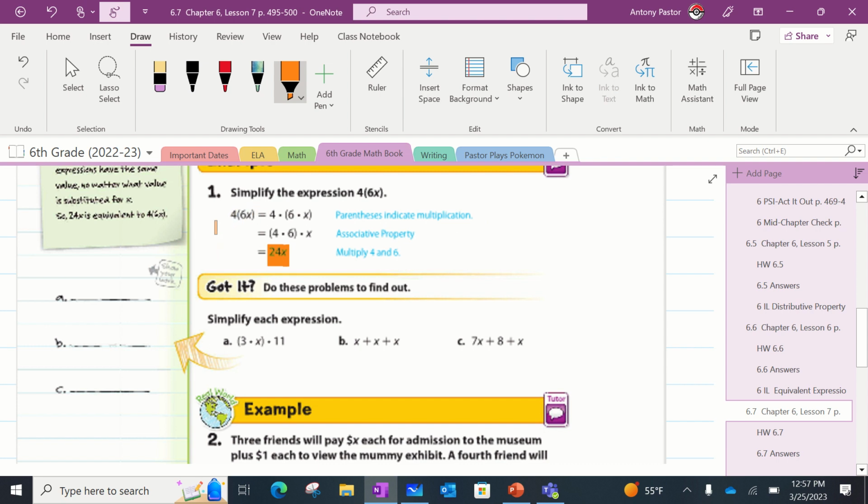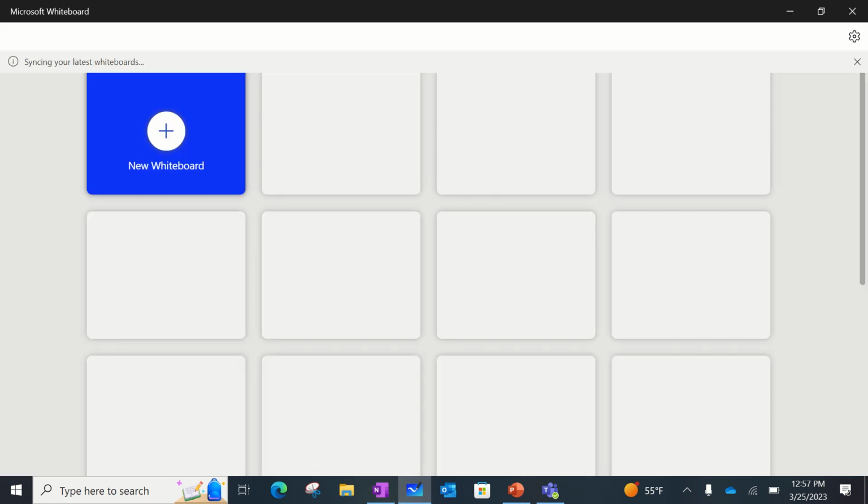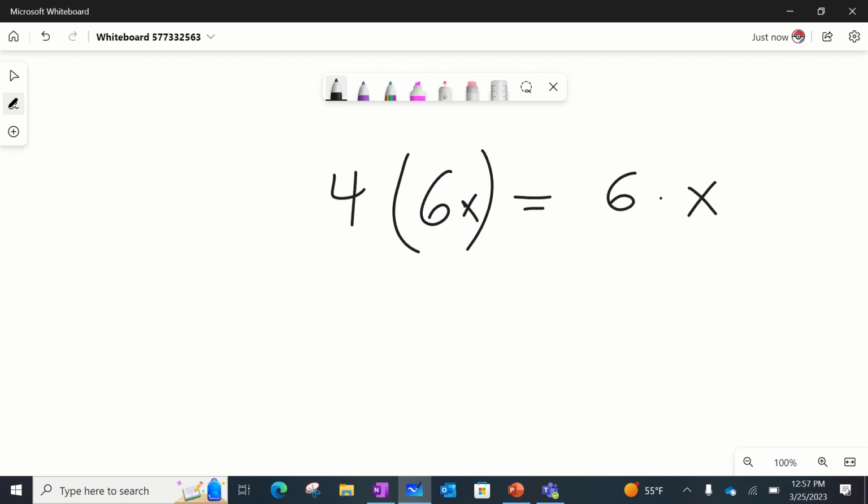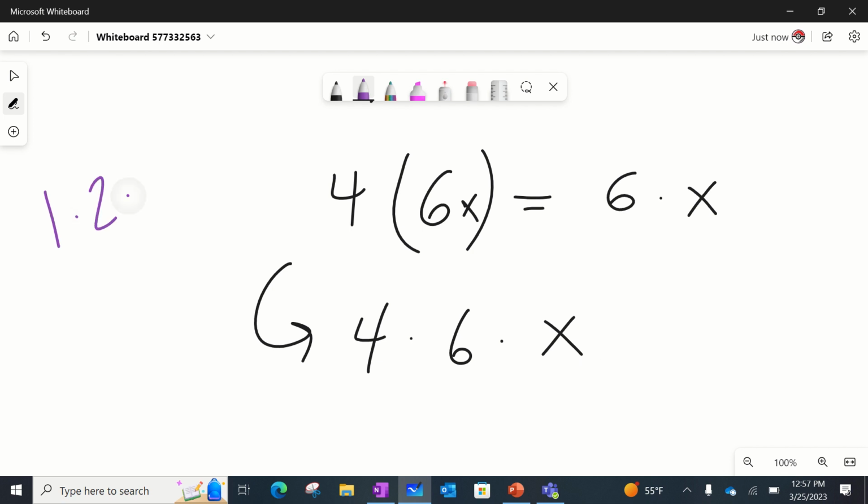We can change this, because remember, the order in which we multiply does not matter. So again, what 4 times 6x is saying, since 6x equals 6 times x, when I put the 4 on the outside, this is actually saying 4 times 6 times x. And we talked about this in a previous lesson. The order in which we multiply doesn't matter. This is the commutative property.